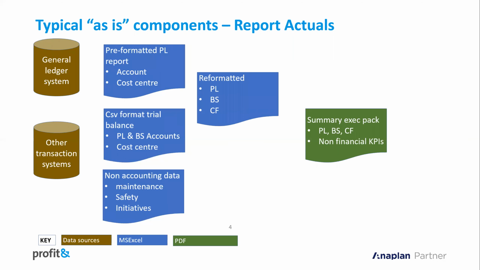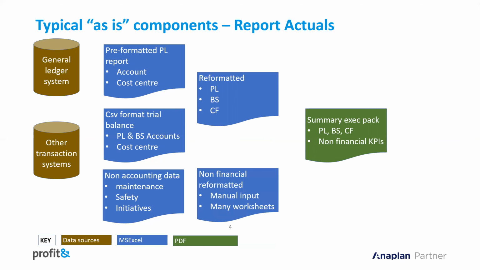On top of that, there'll be some non-accounting data, maybe some maintenance reports, some safety reports, or some initiatives that are going on in the business, which may be extracted from other source systems. That also has to be reformatted.